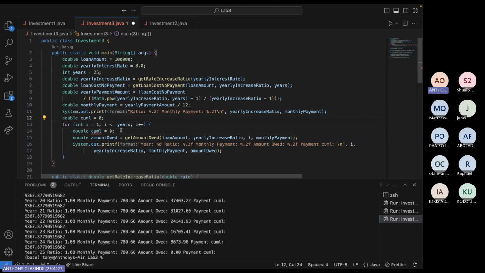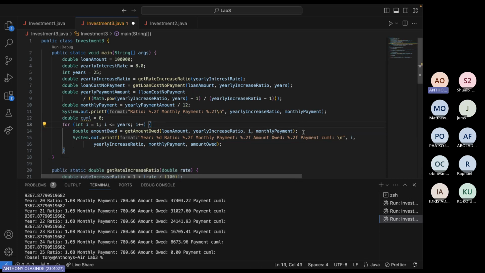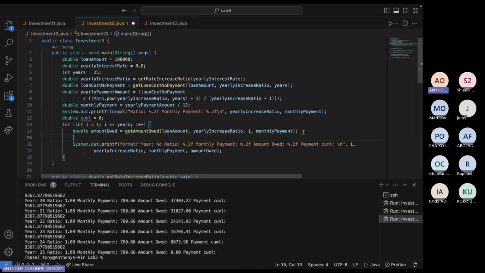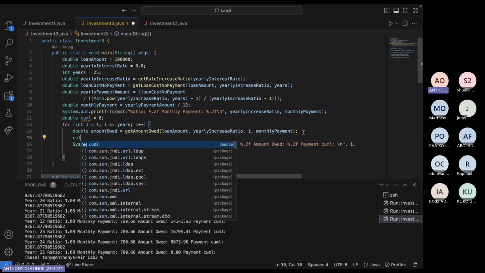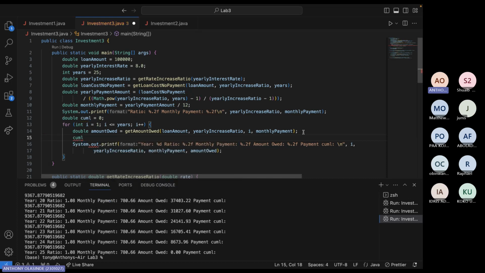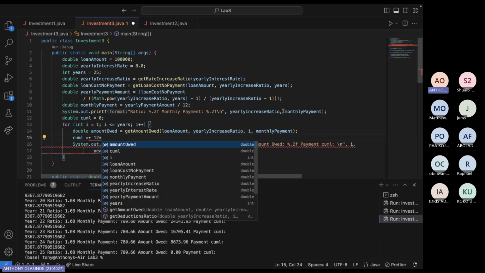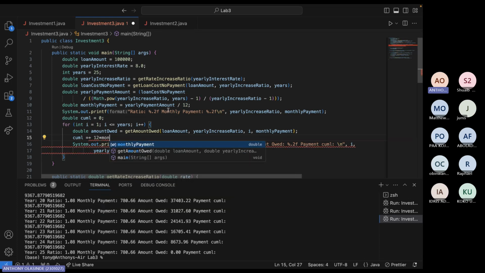So if I say 0 here, then I can come and say, okay, cum plus equals 12 times monthly payment.